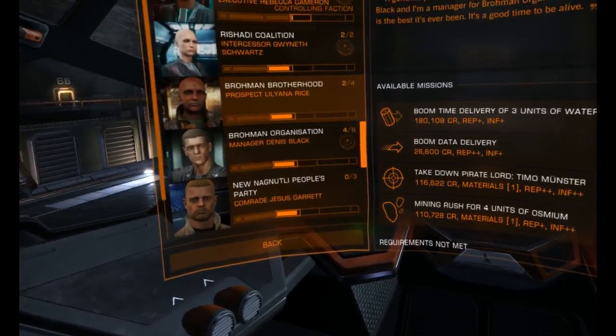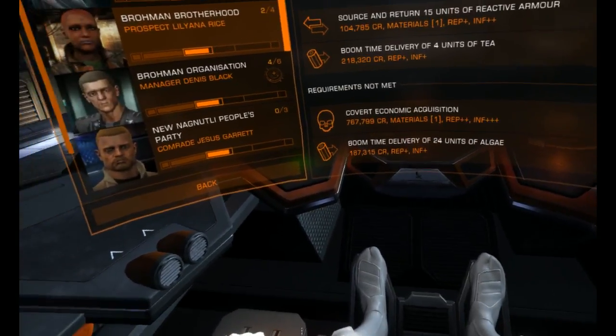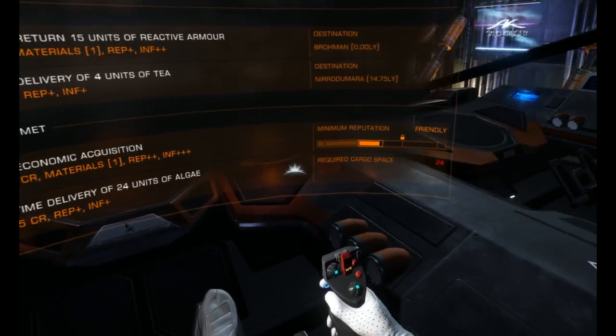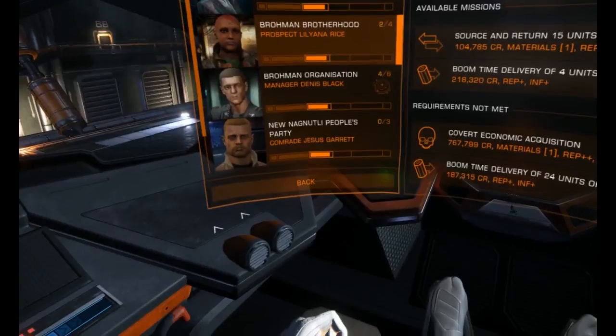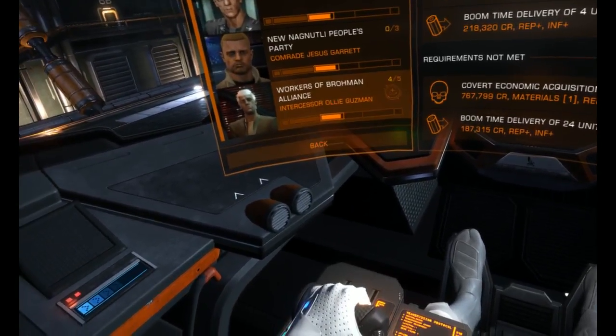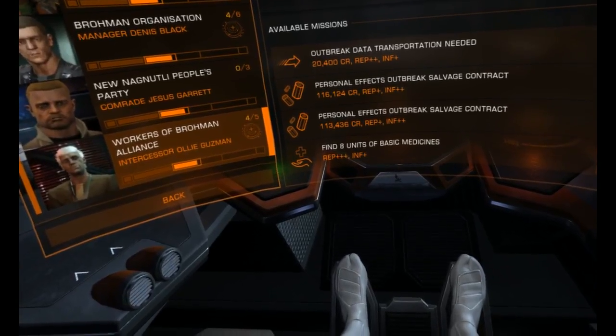But we get into a better relationship with the Federation here, and we make less money. Huh.